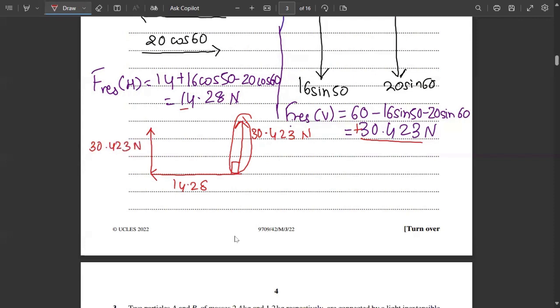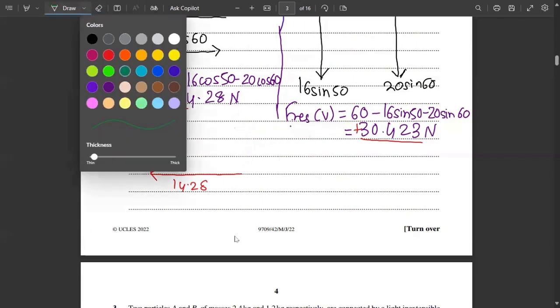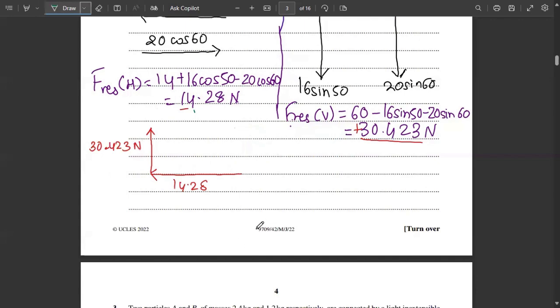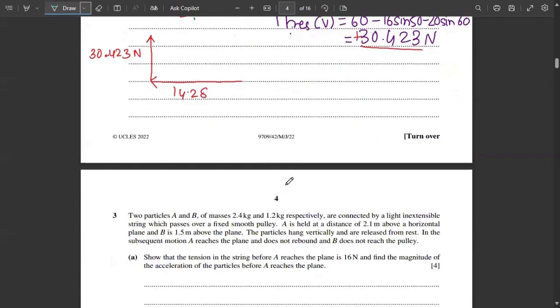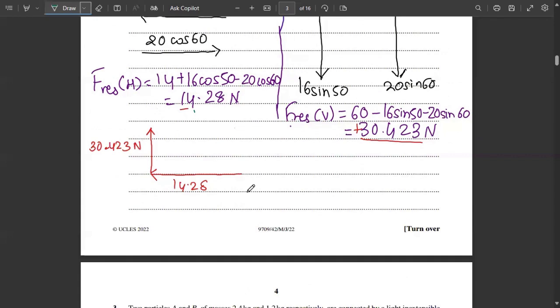30.423 Newton. Erasing everything. Now this arrow will become the resultant force, which is the answer.